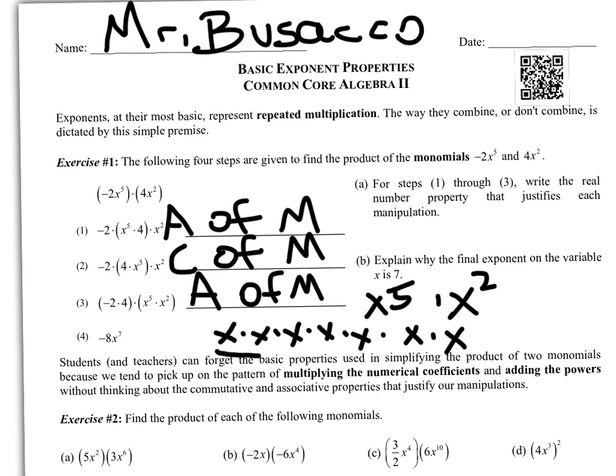If you multiply this x to the 5th by this x squared, that can be rewritten as x to the power of 1, 2, 3, 4, 5, 6, 7. And so the shortcut for multiplying variables that have the same base is to add their exponents.